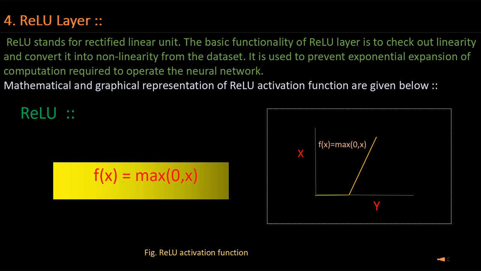It means there are two conditions, like an if-else condition in Python. If there's a negative value, it will return 0, otherwise it will give the positive value which we have given in the input. So that is what happens here.